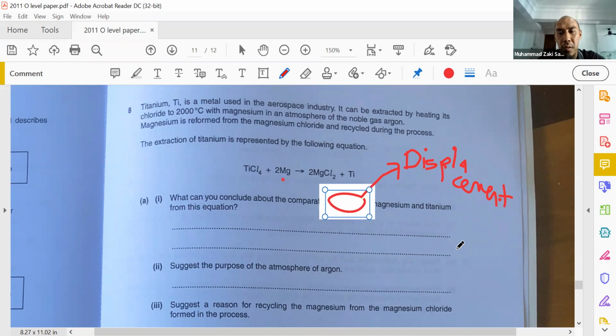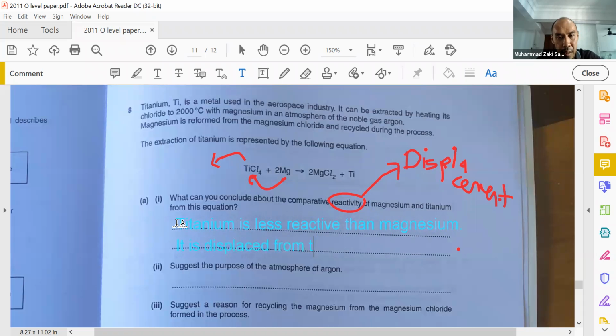Titanium gets displaced. So you can conclude that titanium is less reactive than magnesium, because it is displaced from titanium chloride.